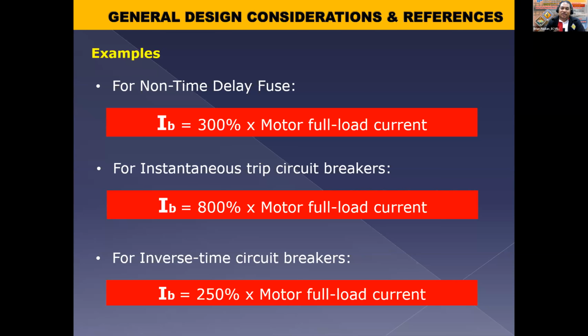Yun lang yung implication nito, no? Especially for industrial plants, dapat coordination study ka sa mga malaking motor. Yes, yung mga 2 times enough na. Wala akong naging problema, no? Yung mga maliliit lang na motors, no? But for really big ones, we have to do coordination study. Okay?